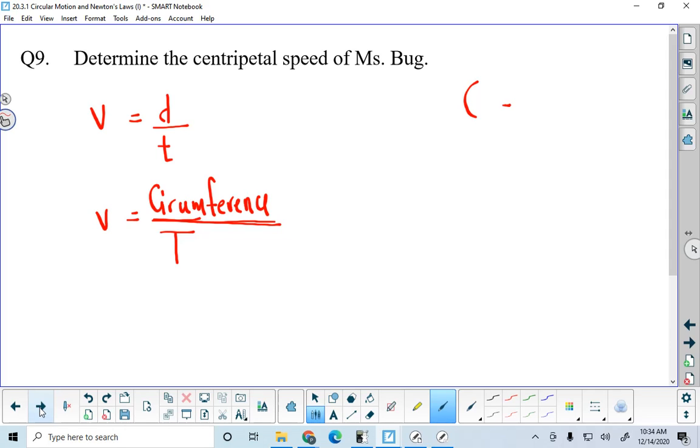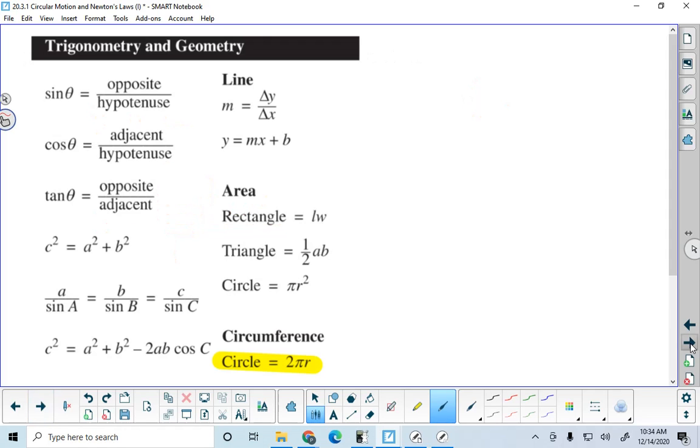Well, circumference, you can look at your formula sheet actually. You have a mathematics section of your formula sheet. I think it's on the same side as the constants, but I could be wrong. It's a section called trigonometry and geometry, and for a circle, you're given the circumference is 2 pi r.